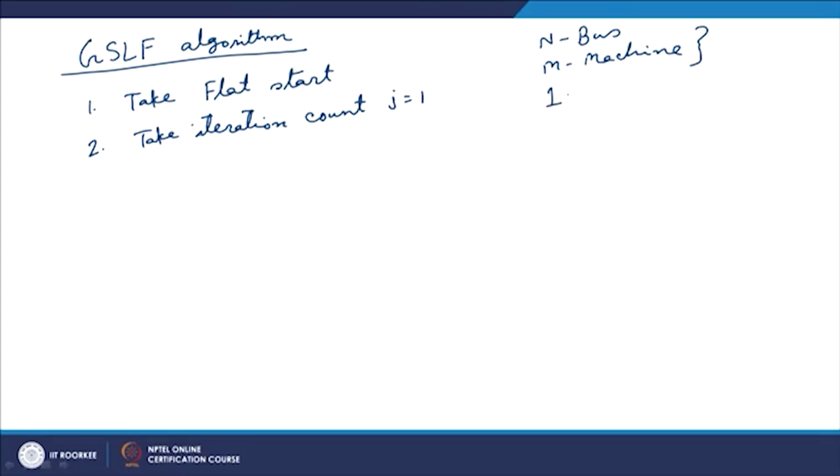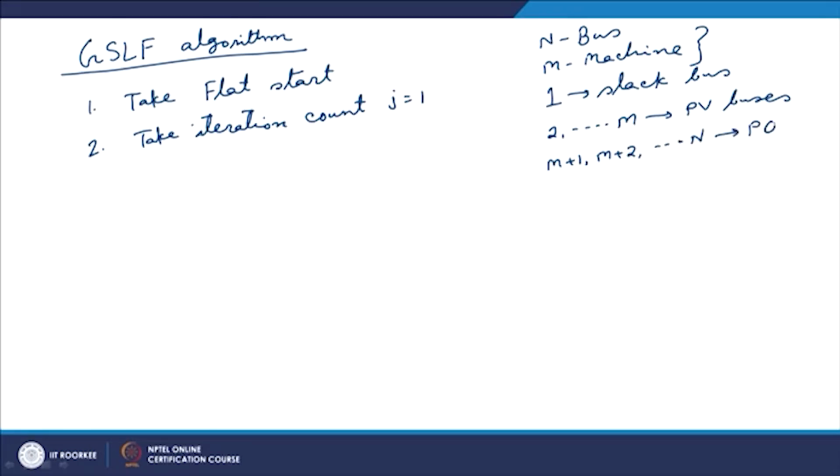The first one is the slack bus, this is just our nomenclature, then 2 to m are PV buses, and then m plus 1 to n are PQ buses. That is the nomenclature we are using.